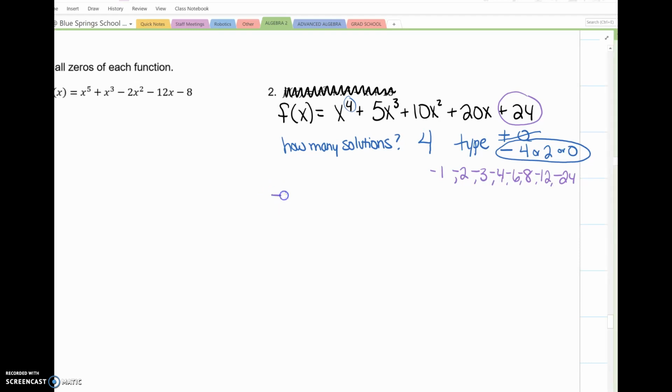We test using synthetic division. So if I test -1, we're going to have more terms inside the synthetic division because we have more terms in our original problem. So 1x to the 4th, 5x to the 3rd, 10x squared, 20x, 24.